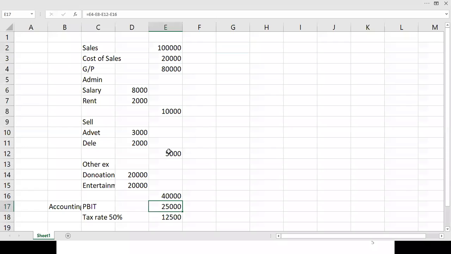So for example, here I put depreciation. How much depreciation here? 2,000. When the company takes 2,000 as depreciation, the income tax is 12,500, right?